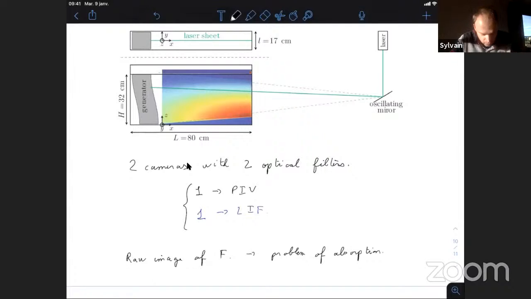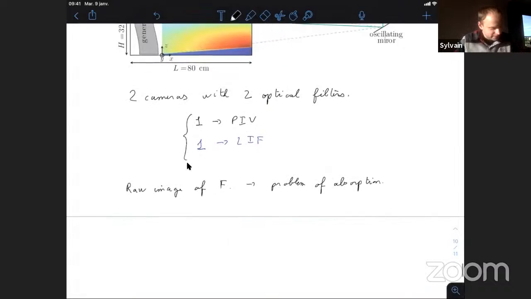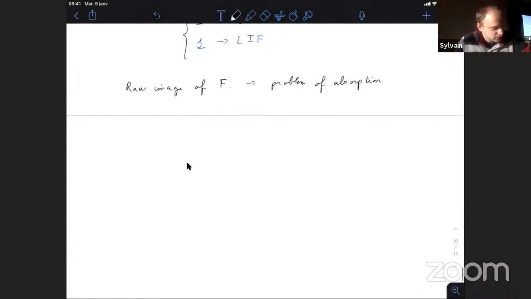Because of this problem of absorption, with this technique you need a huge post-processing method to remove the absorption.